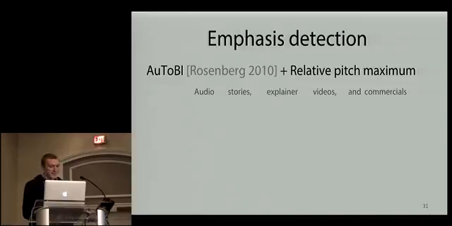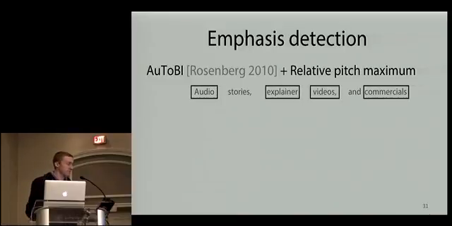So to detect emphasis, we first apply an algorithm from AutoBee, which is a tool to predict prosodic annotation. This gives us predicted pitch accents from the line. For example, in this short phrase here, audio stories, explainer videos, and commercials, AutoBee would tell us that these words have pitch accents.